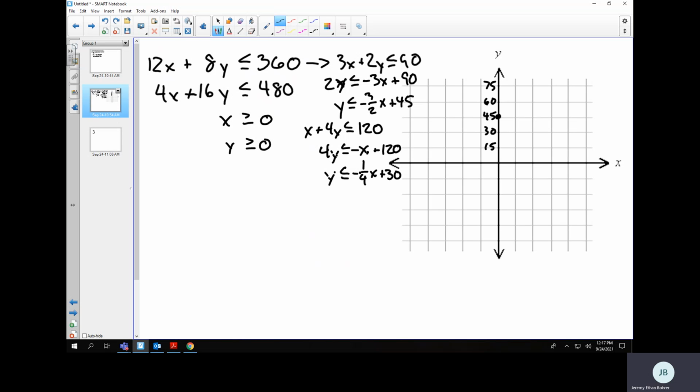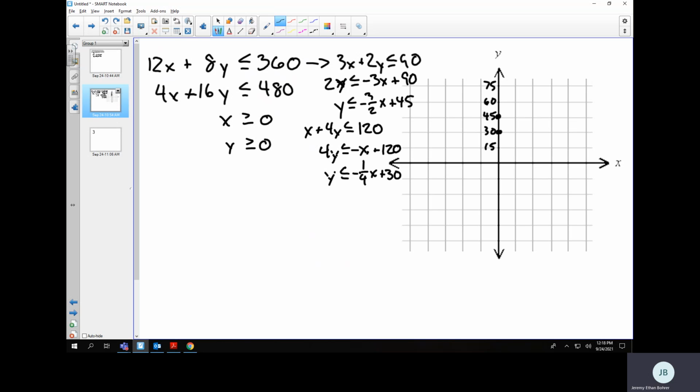Well, 3/2 times 30 will be 45. I'm just figuring out what the x scale should be.